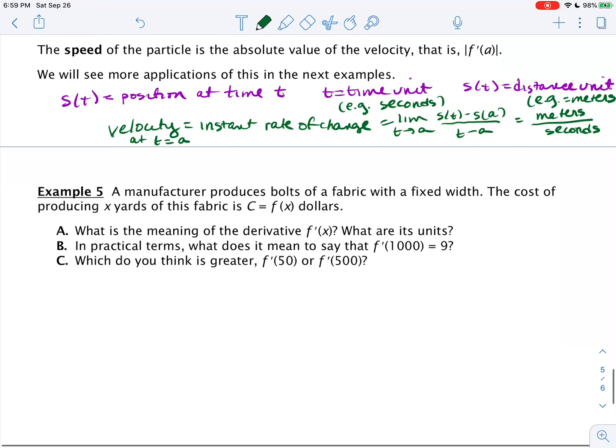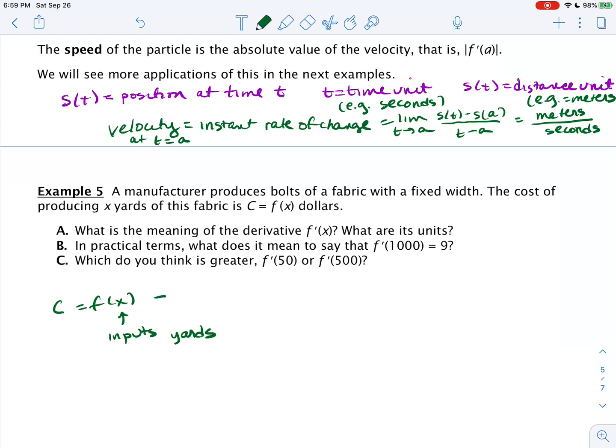What are its units? So remember, your C equal to f of x inputs yards, right? And C is going to output dollars, right?